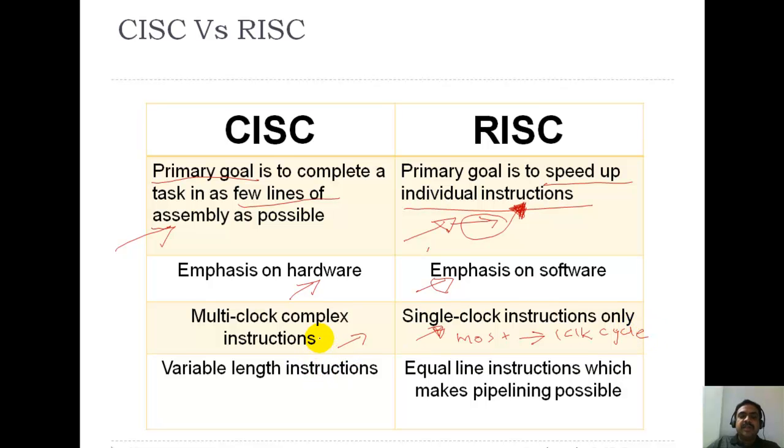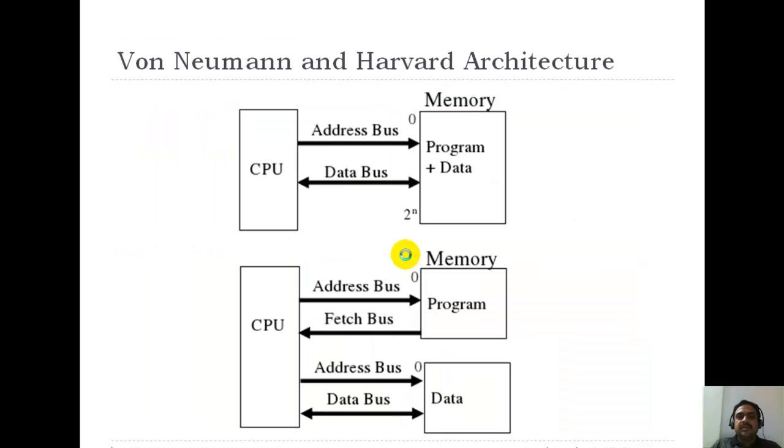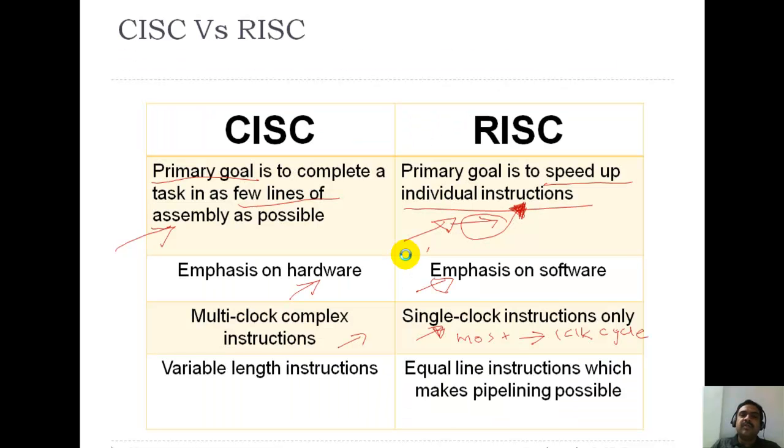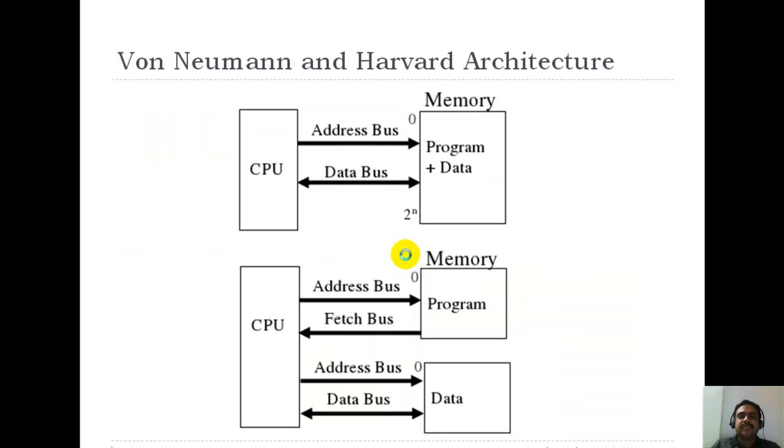Whereas CISC being complex, it will take multiple clock cycles for one instruction to get executed. So we cannot say CISC is bad, RISC is good, or RISC is bad, CISC is good. Each has its own pros and cons, and we should be wise enough to choose which kind of instruction set to go for, for what kind of applications.